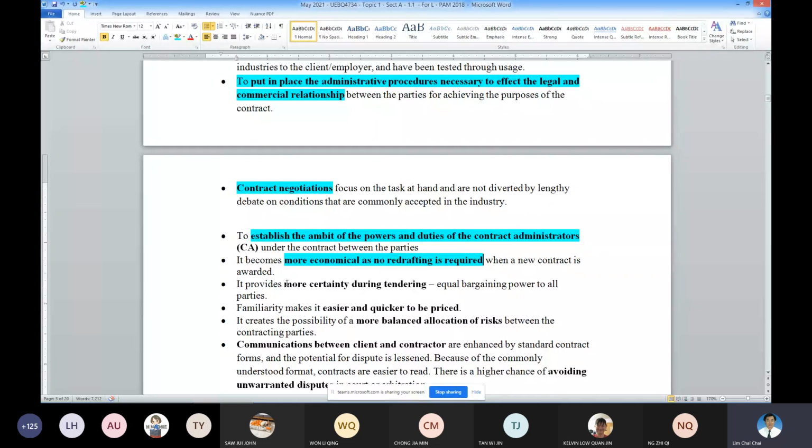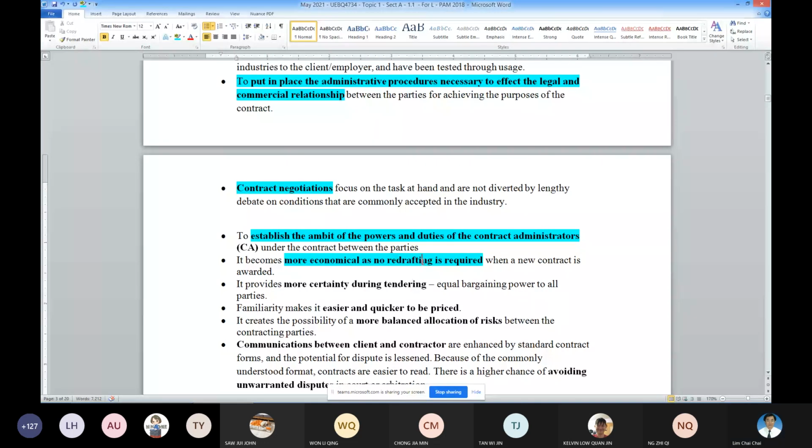And to get the standard form, you just have to go to the local office, like PAM, to get your PAM 2008. Go to your JKR office, you can get the JKR 203 at a very nominal price for a set of the documents.